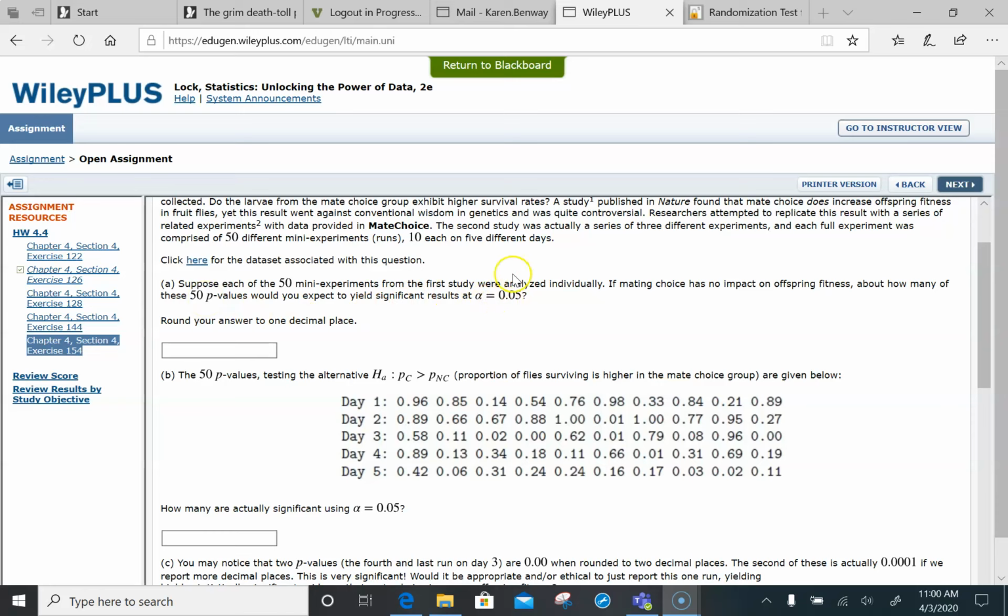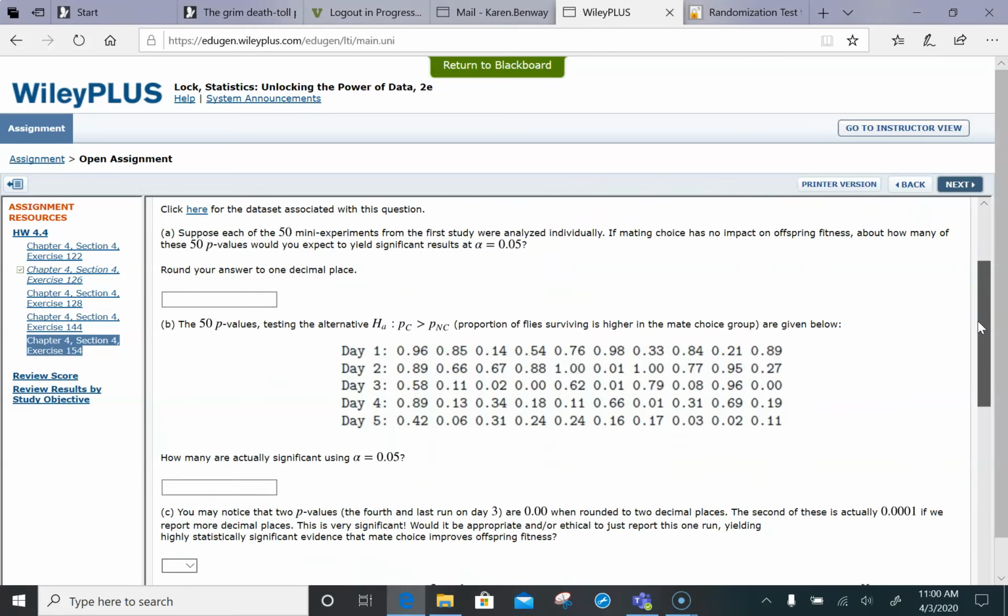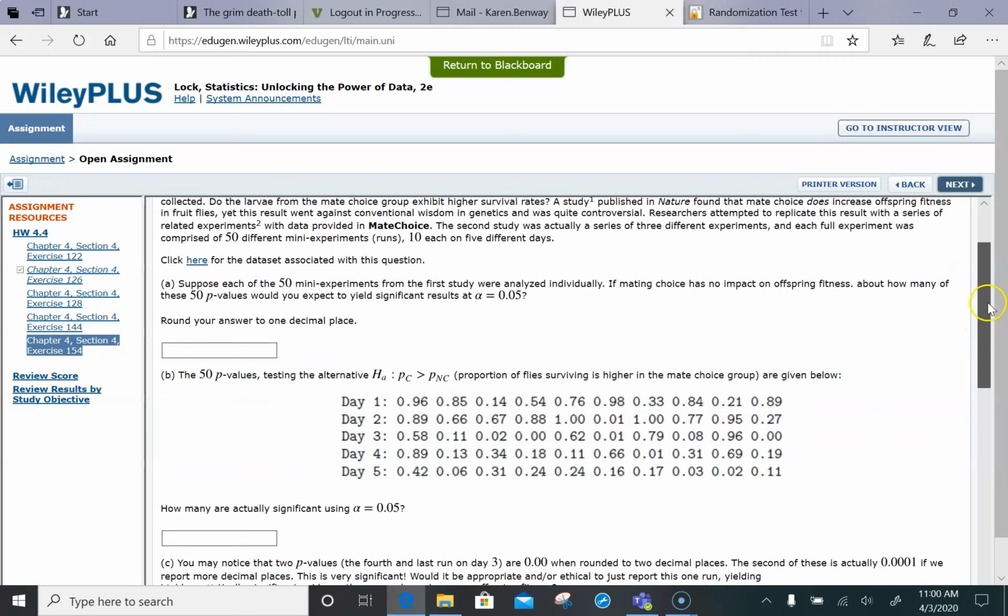So we'd expect 5% of those 50 tests. So it asks us how many that is. It's the first thing. And then it asks you to look at all these p-values from the different tests that were done and figure out what percentage of them actually were statistically significant, which would mean less than 5%, and then continue down and answer the questions.